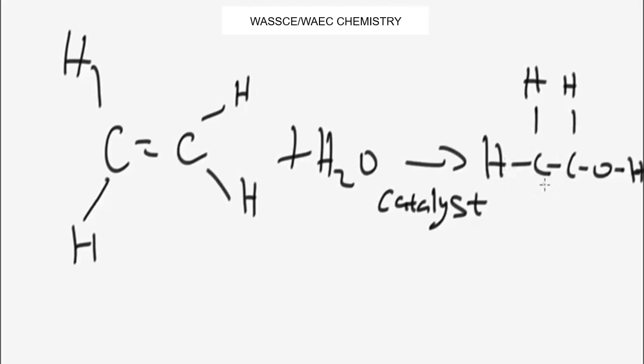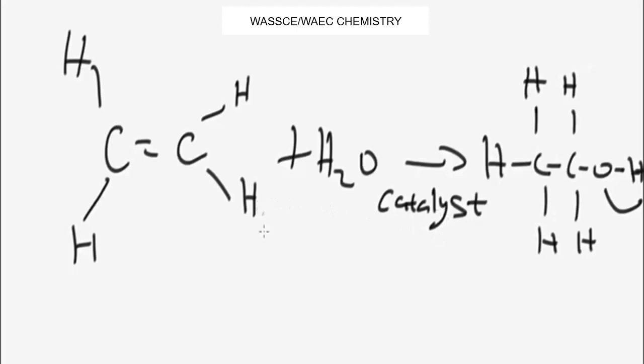Alright, alcohols have the OH functional group, and this is the OH functional group. We still get to the concept of alcohol soon. Just know that when alkenes react with steam, water is added across the double bond and an alcohol is formed.